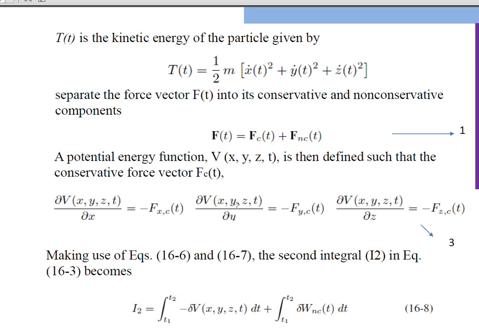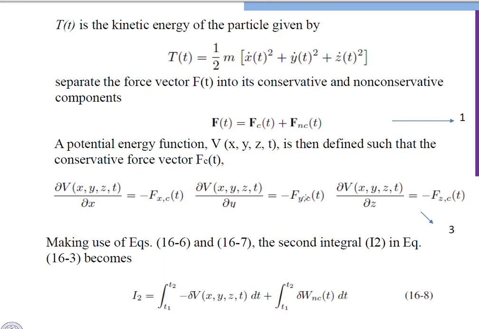The second one is minus fy: if you see the potential function of the body in x, y or z direction, del V with respect to del y gives the force in the y direction. Similarly, del V by del z gives the force in the z direction. These are all the conservative forces.